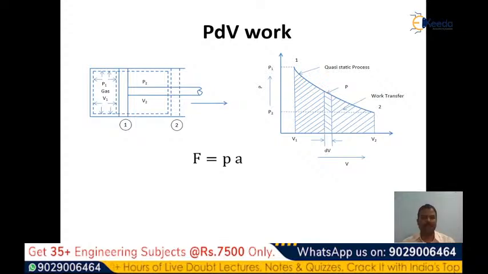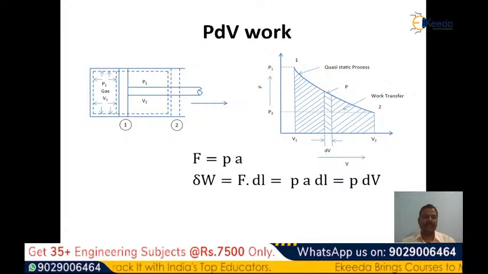If there is an infinitesimal distance movement of the piston, then the infinitesimal work done is given by force into infinitesimal distance traveled, that is F into dl. Once again, the work is force into distance traveled. In place of F, I substitute pressure into area, P into A into dl.